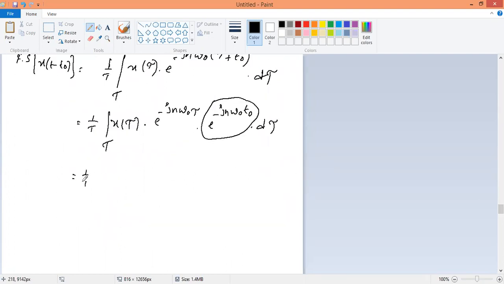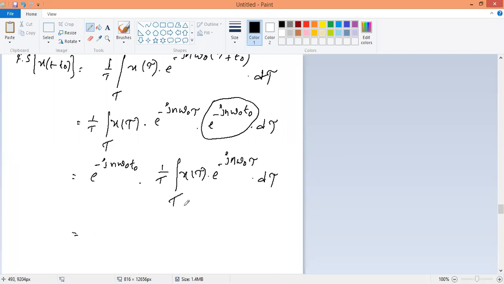Okay, now with respect to tau, this value is a constant. That's why I'm taking it out separately: e power minus j n omega naught t naught into 1 by T integral over T of x of tau e power minus j n omega naught tau d tau.